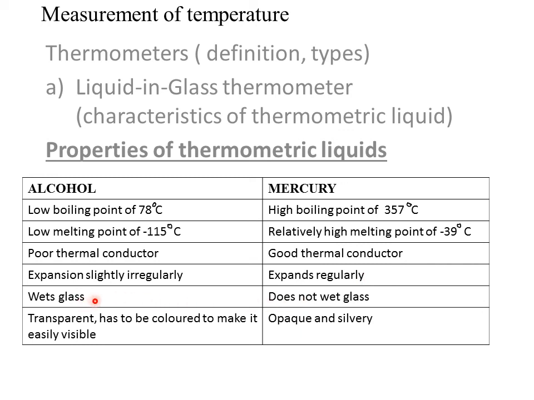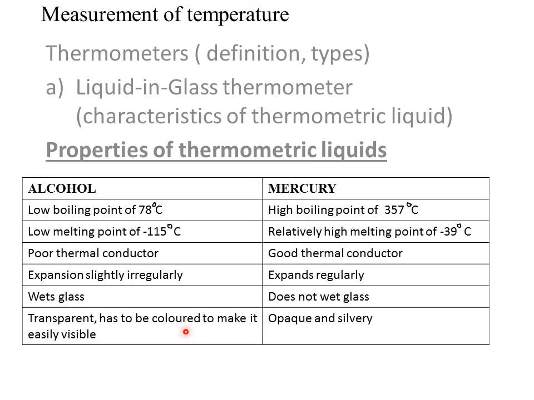Then alcohol, to some extent, wets the glass, but mercury does not wet or stick on the glass walls. Alcohol is transparent and has to be colored to make it easily visible, whereas mercury is opaque and silvery. So mercury does not require coloring for it to be visible, unlike alcohol.